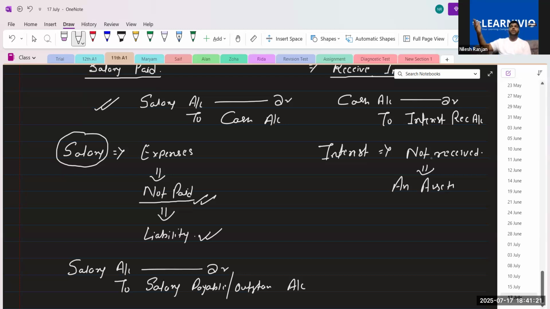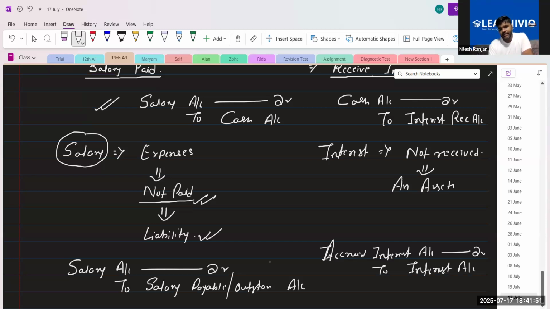It means in future we will receive the money. Yes, sir. So it will become an asset, and it will be recorded as accrued interest. It will be called accrued interest account debit, because interest is on the credit side, so it will be on the same side to interest. Accrued interest is an asset. Okay.